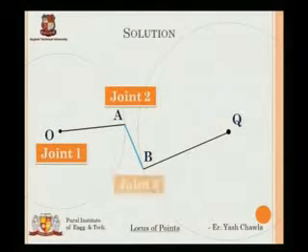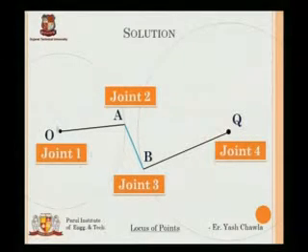This is the first joint, second joint, third joint and fourth joint. O is our first joint, A is our second joint, B is our third joint and Q is our fourth joint. So we know that in a 4-bar chain mechanism there are 4 joints. So this fulfills the condition of this particular 4-bar chain mechanism.